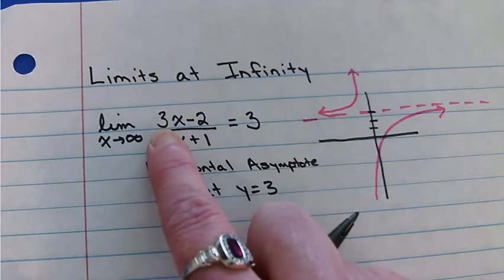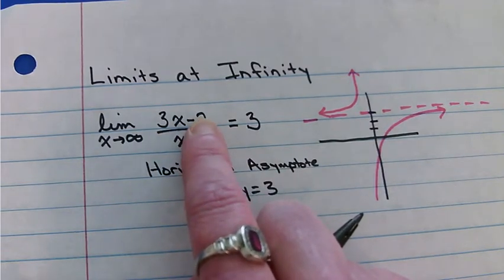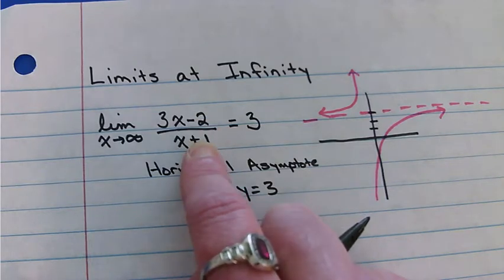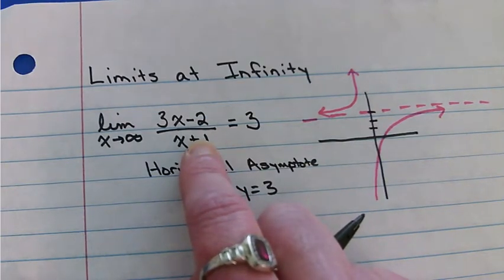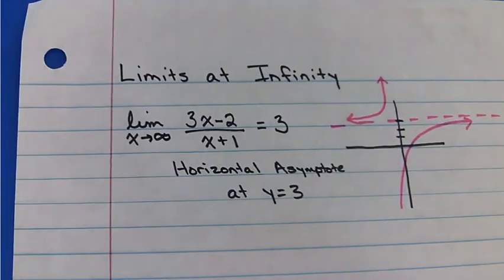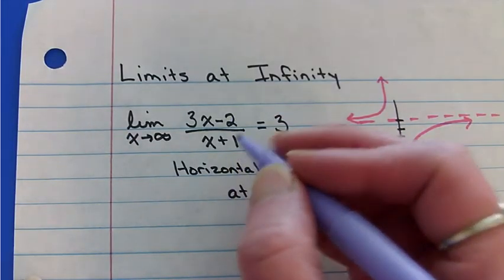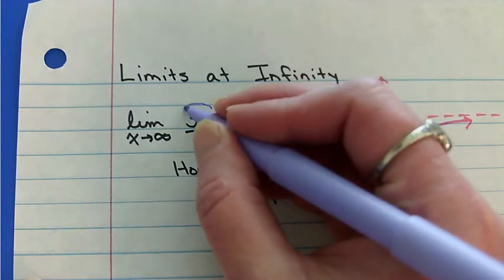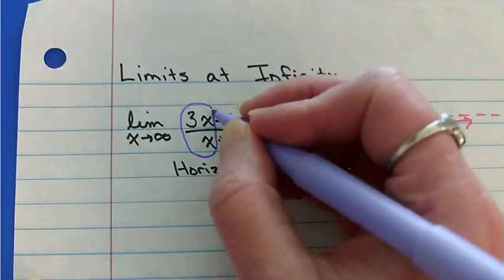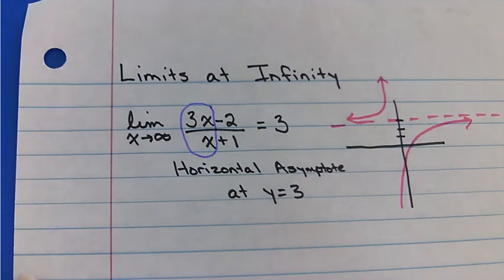The multiplication affects it more than that subtracting. Just subtracting 2 from a billion, it's still close to a billion. Adding 1 to a billion really doesn't matter. So one way you can do this is to kind of just think about what would affect it. Well, the -2 and the +1 really don't affect it. It's just going to be the variable. So 3x divided by x is 3.